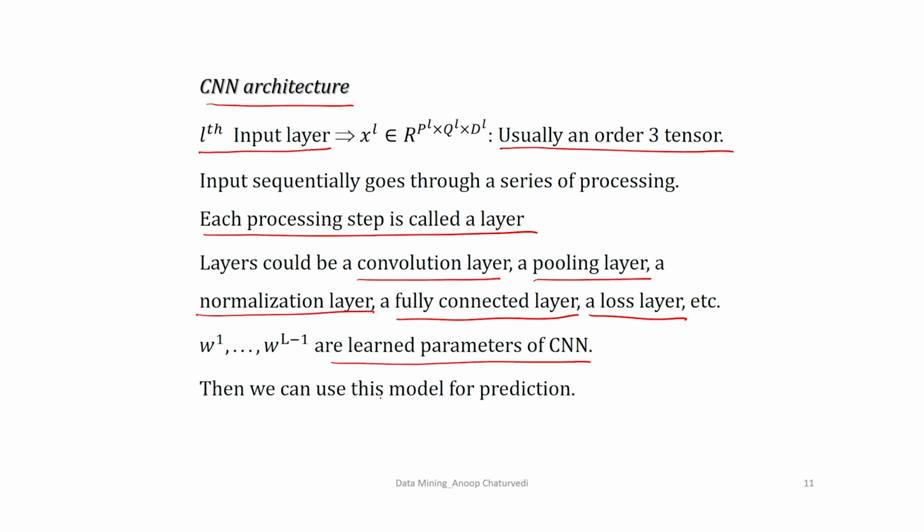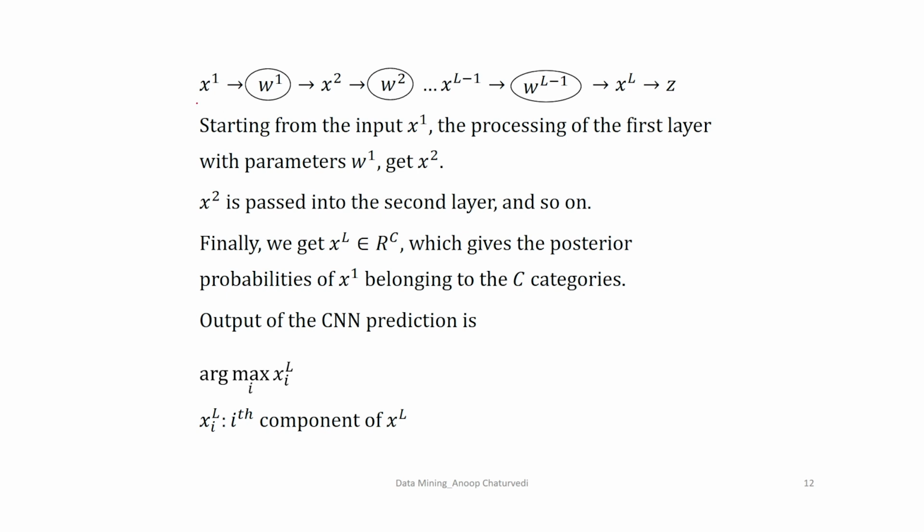Then we can use this model for prediction purpose. Once you train the model and you obtain these parameters corresponding to different layers, then you can use the model for prediction purpose. So, we have the first layer, then we have weights, then we move to second layer, then we have weights, and so on, L minus 1th layer, then we use these weights to get the Lth layer, and ultimately you get the output.